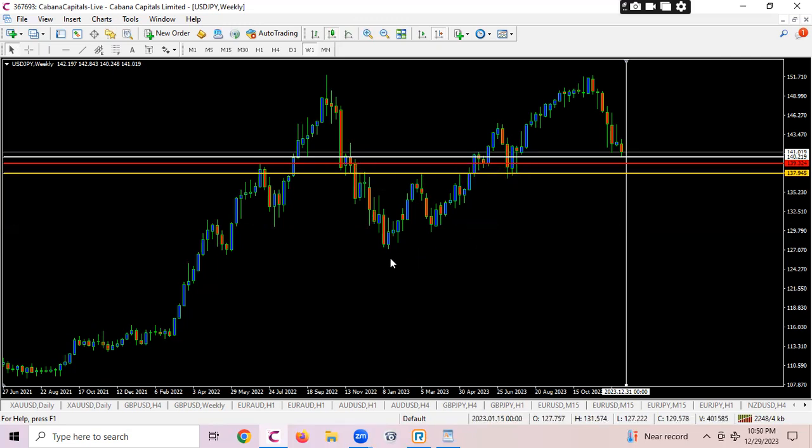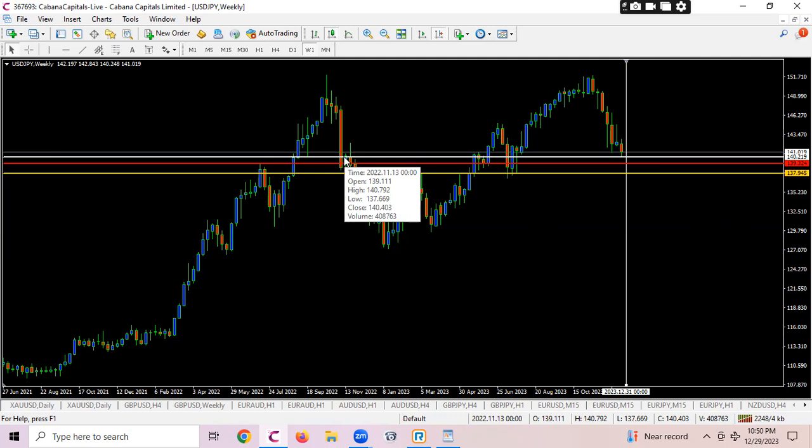Did you get that? So to identify a resistance level, a bearish candle should close after a bullish candle. When a bearish candle closes after a bullish candle, a resistance level is formed.